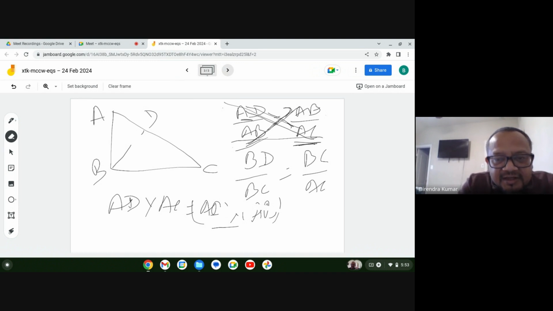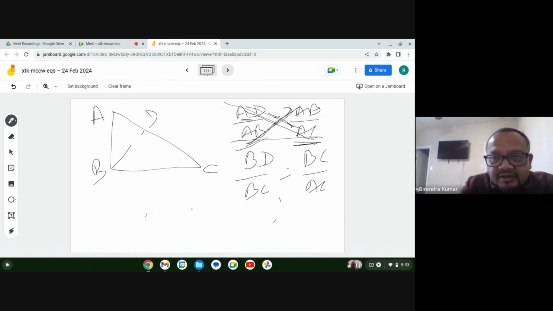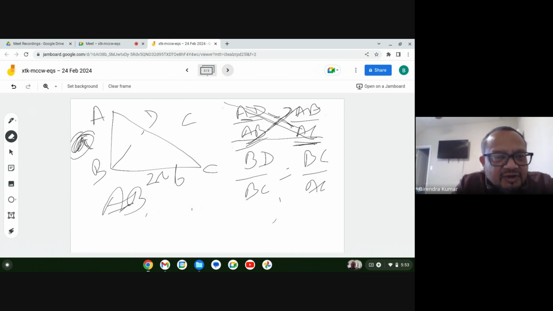I can write this as AB into AB, meaning AB square. Let's say AB is a, this was b, and this was c. That is what the Pythagorean theorem says, right? As per the Pythagorean theorem, this is a, this is b. Let me not confuse you guys.